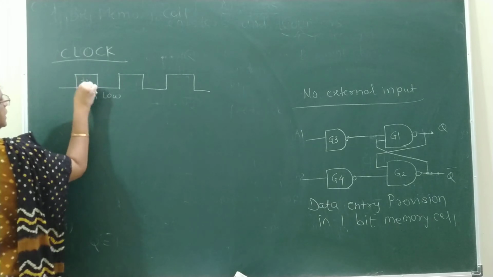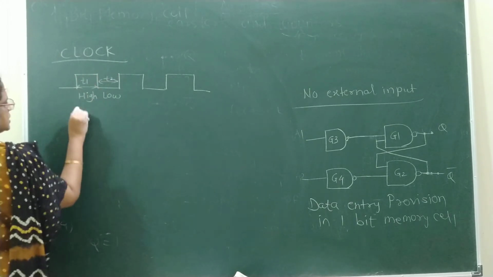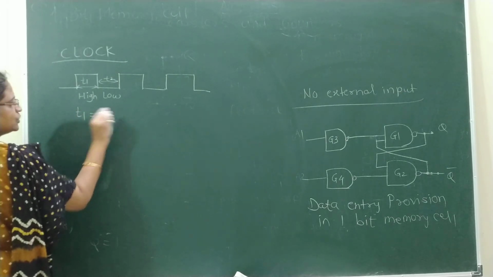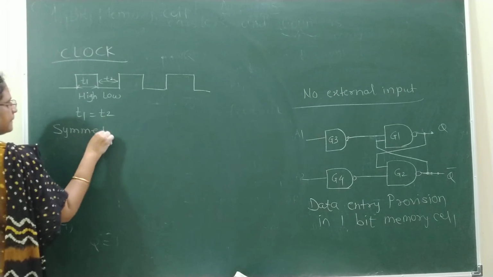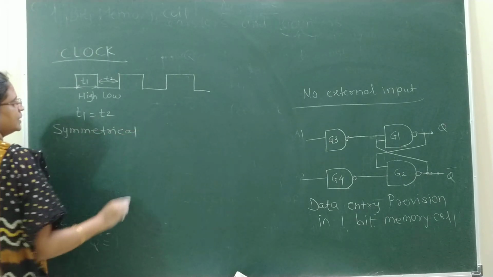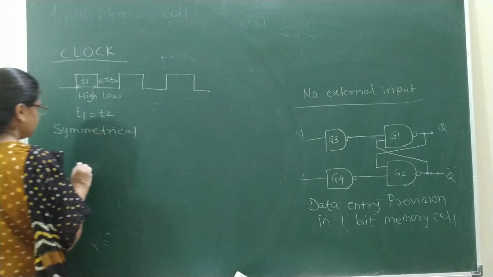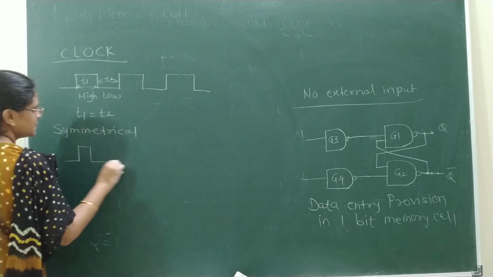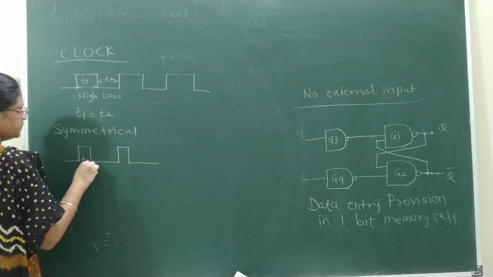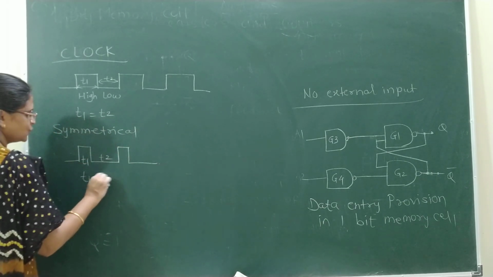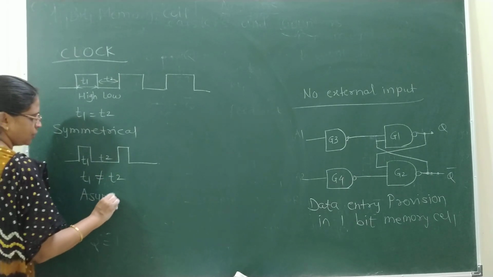T1 is the period of the high state, T2 is the period of the low state. Whenever T1 is equal to T2, it is called a symmetrical clock, when the high state and low state periods are both the same. But when the high state period is not the same as the low state period, meaning T1 and T2 are not the same, it is known as an asymmetrical clock.